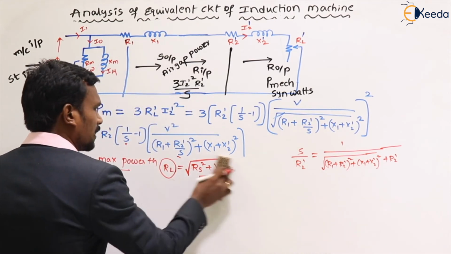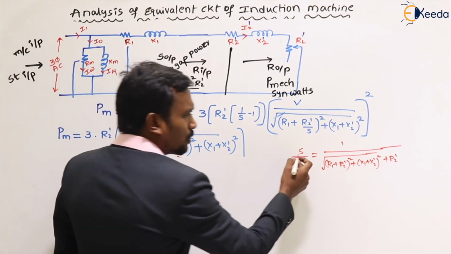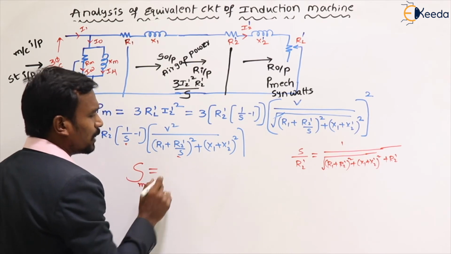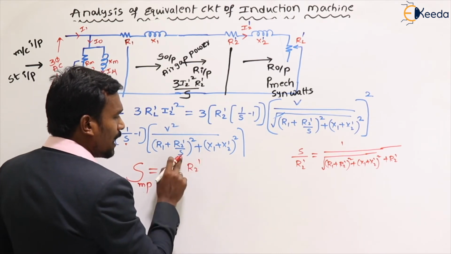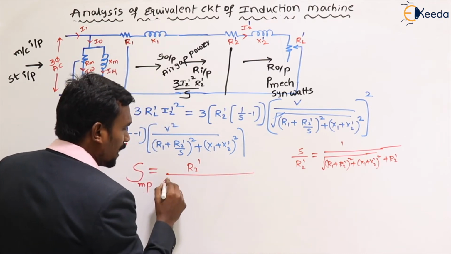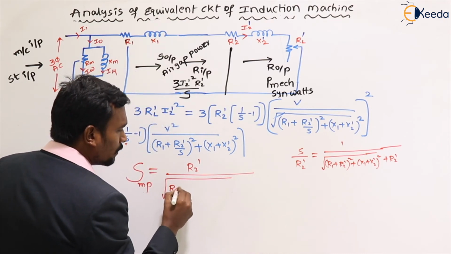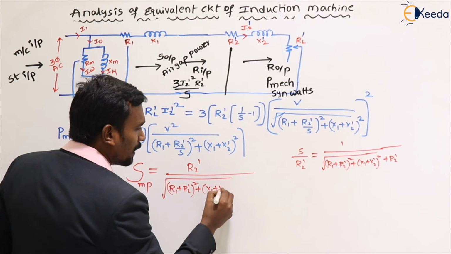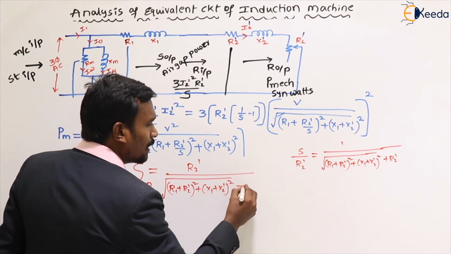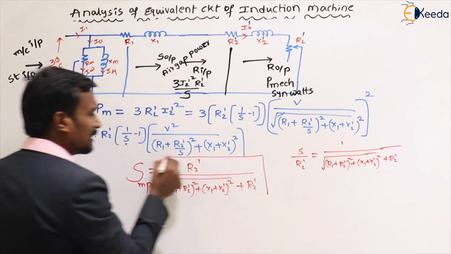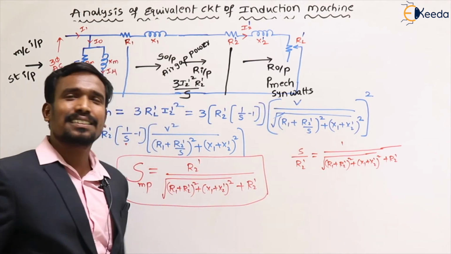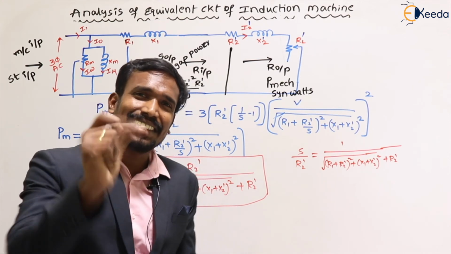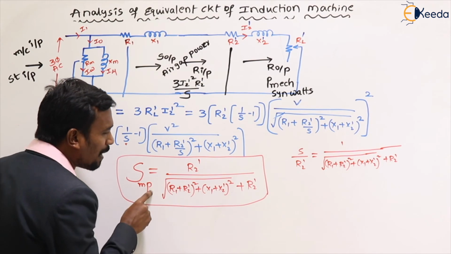So the slip S at maximum power is equal to R2 dash upon the square root of (R1 plus R2 dash) whole square plus (X1 plus X2 dash) whole square, plus R2 dash. This is exactly the condition for maximum power. Be careful guys, this is not the condition for maximum torque.